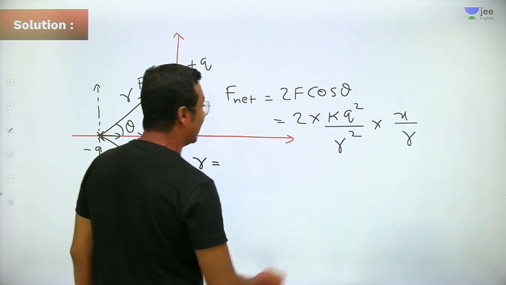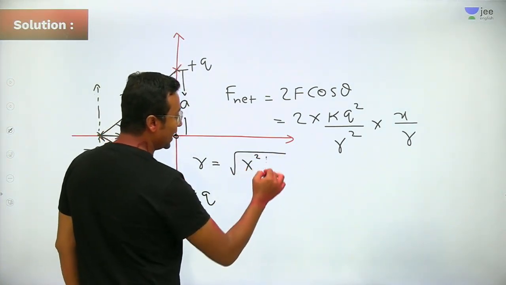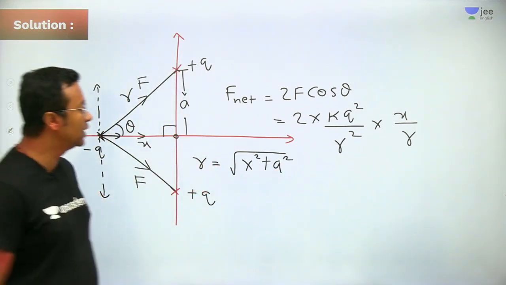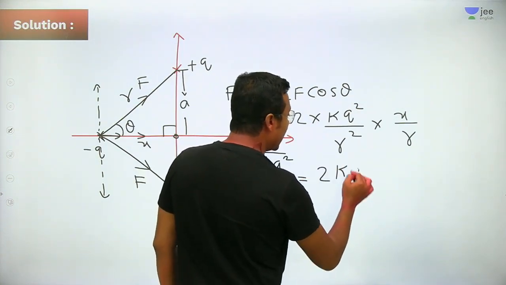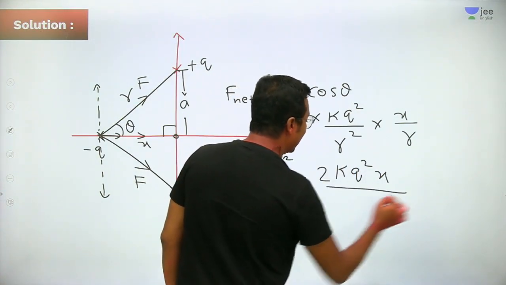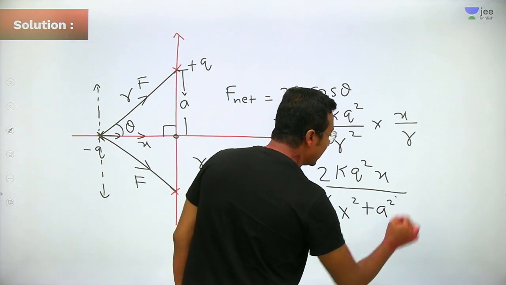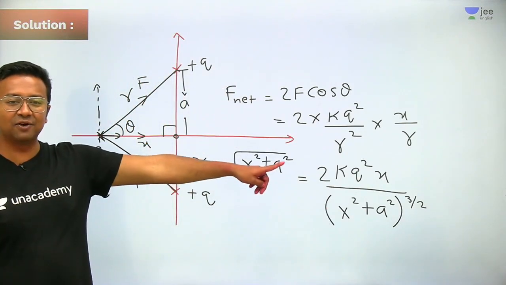So I can write the value of my r as equal to root over x square plus a square. Yes or no? Yes, absolutely. So this expression is going to look something like 2kq square x divided by (x square plus a square) to the power 3 divided by 2. Okay, so this is the expression of the net force.